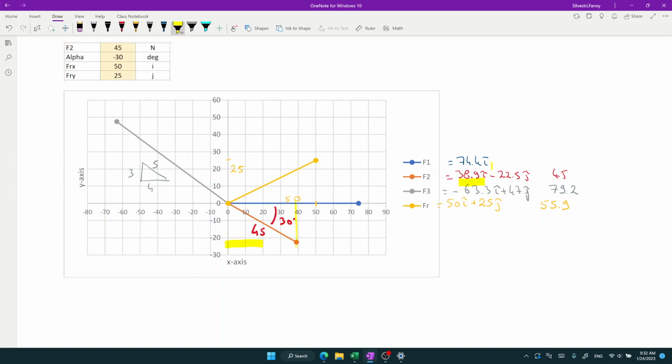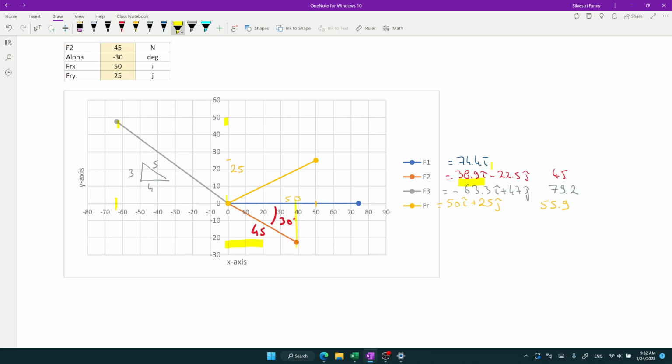F3 minus 63.3 is negative on i-hat, and 47 is there. Looks great. You should measure the lengths and put them at the scale. They should all be at the scale. And for FR, same thing, you can measure the total magnitude.